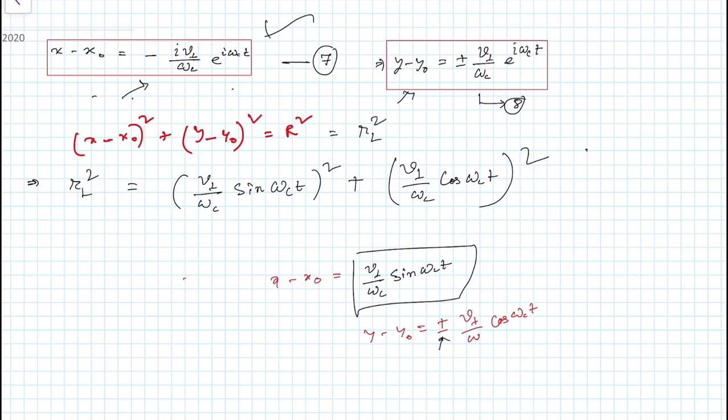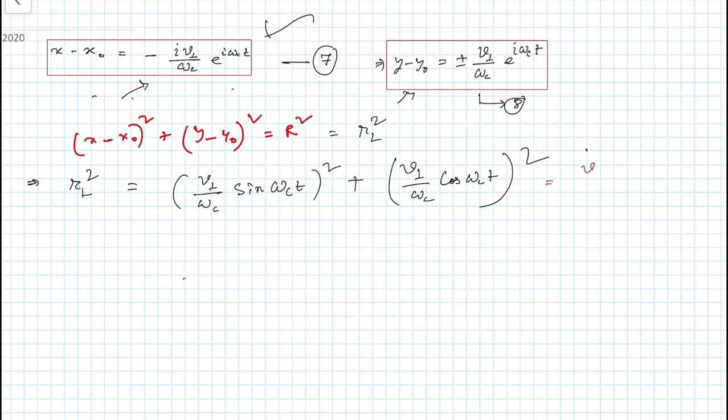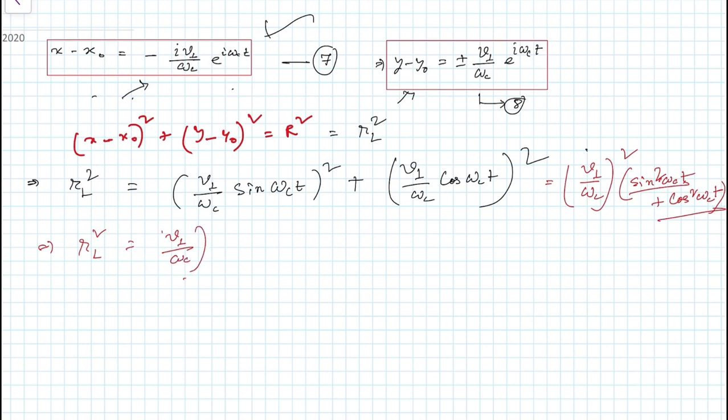On squaring, the minus becomes plus, and this equals v perpendicular by omega c whole square into sin square omega c t plus cos square omega c t, which is 1. So r L square is equal to v perpendicular by omega c whole square. That means r L is equal to v perpendicular by omega c.